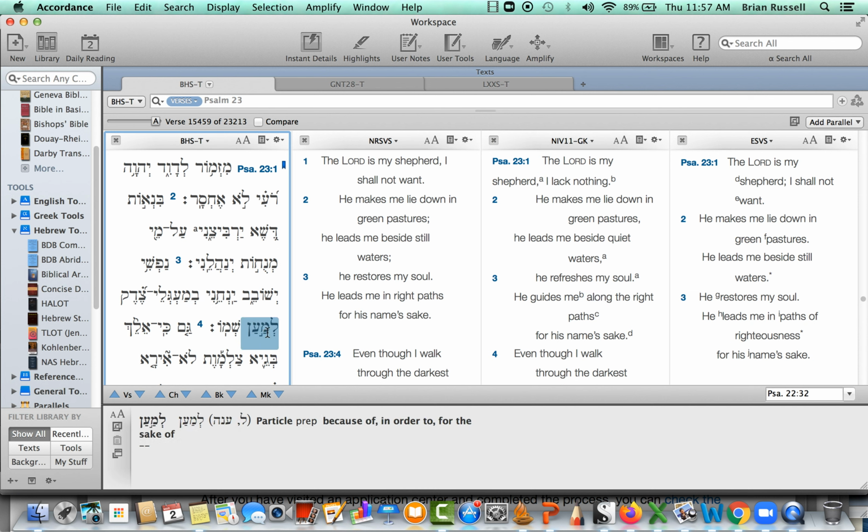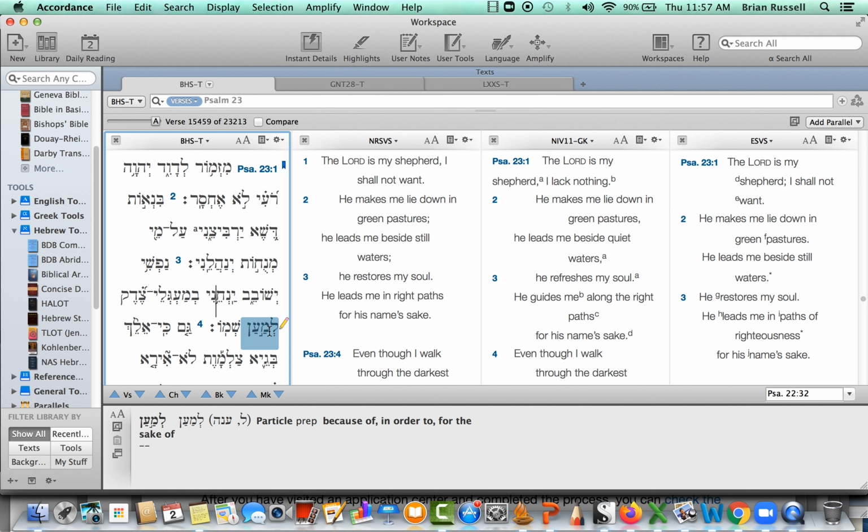And then it ends with another particle. It's going to be analyzed as a preposition. If you go back and look at 4.1.11, this particular preposition, we'll see this sometimes used with infinitive constructs, which we'll see later. It's not here, it's followed by a noun. This is just a straight up prepositional phrase. This preposition is either purpose or causative.